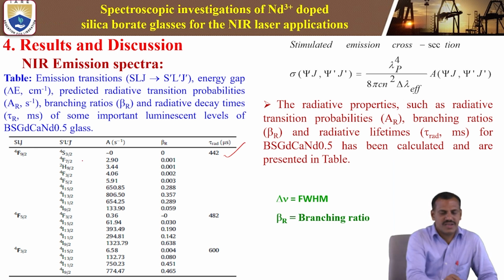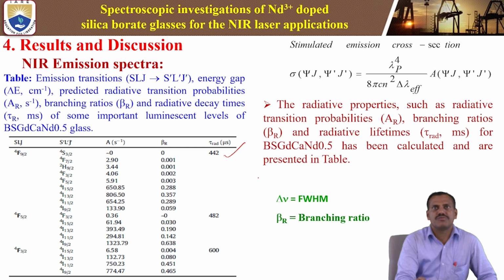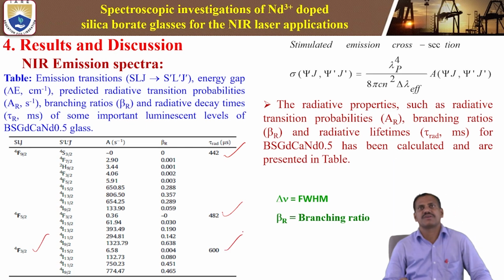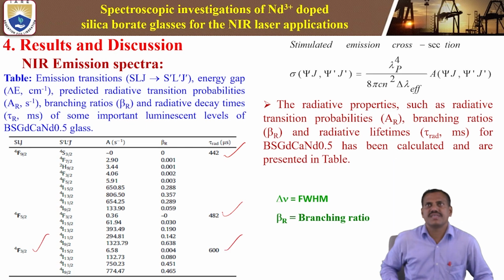At the 4F9/2 transition we get 442 microseconds. In the 4F5/2 level we observe 482 microseconds. In the 4F3/2 transition we observe 600 microseconds. These are the radiative decay lifetimes.